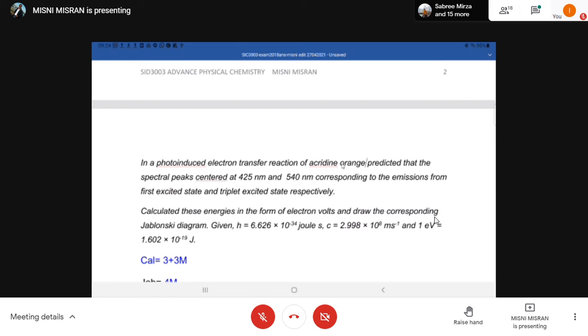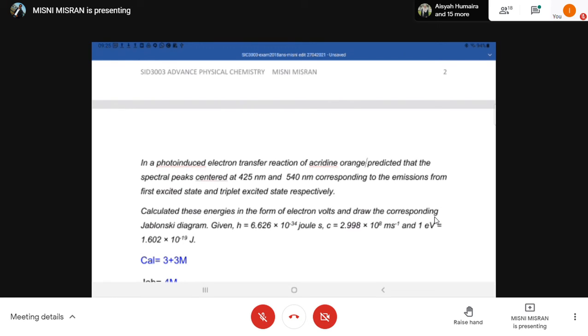All right, to convert this energy into electron volts. Electron volts, that is the question. And then the second one is Jablonski. So you only have two data here, right? The fluorescent energy, which is the first excited state, and then you have the phosphorescent energy.